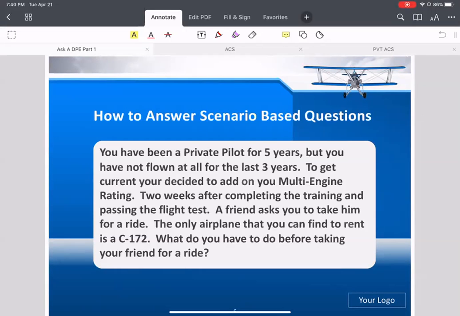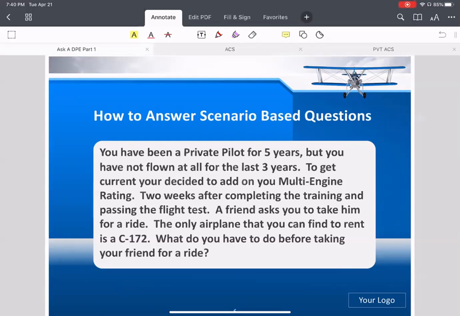This is more of a commercial pilot scenario of a question. And so it does change things up a little bit, but basically looking to see how well you know 61.56 in the flight review requirement, the recency of flight experience of 61.57, and whether you would catch the category and class. So there's a lot packed into this little question.